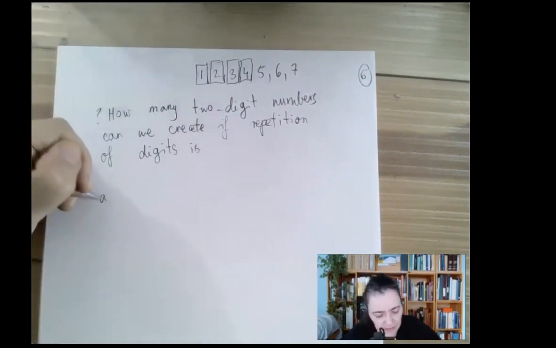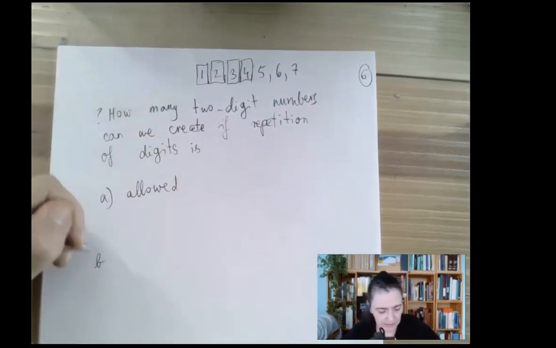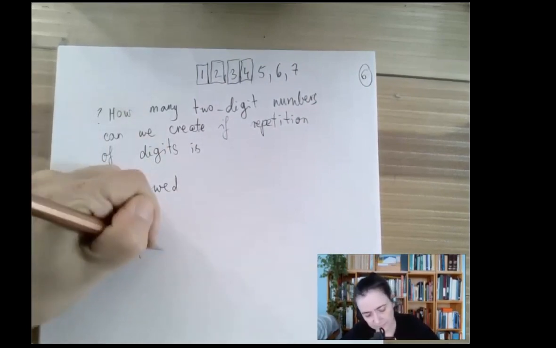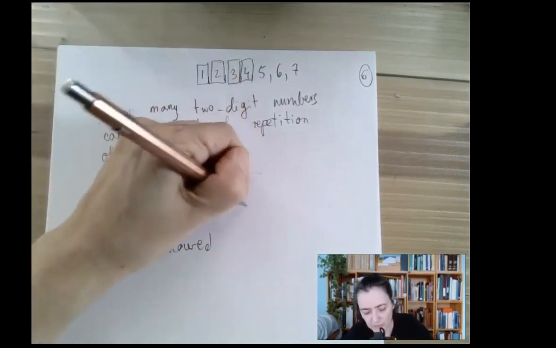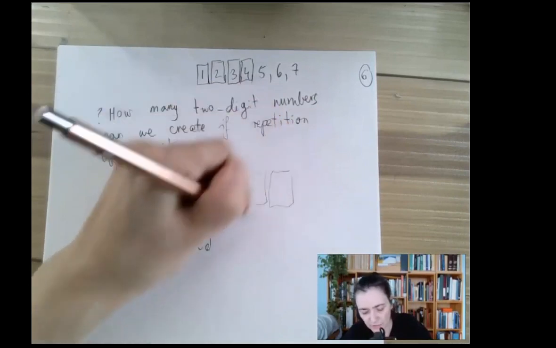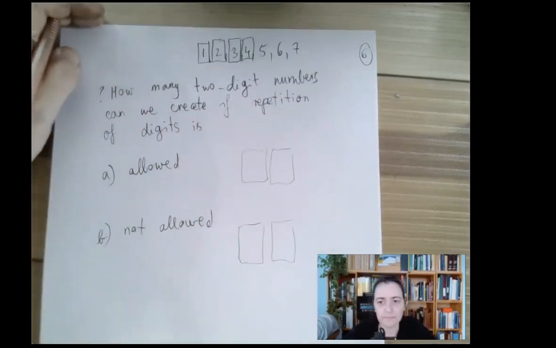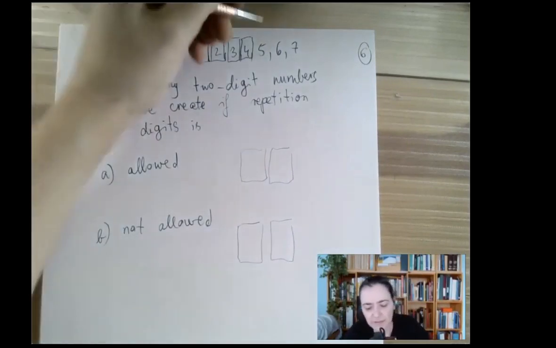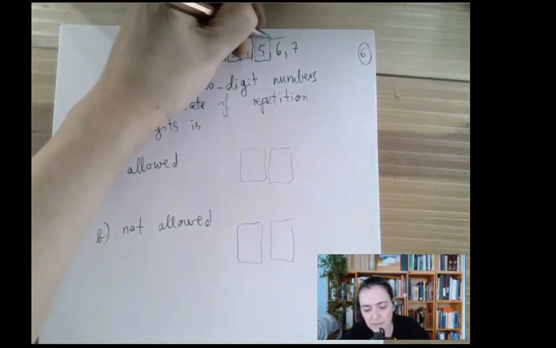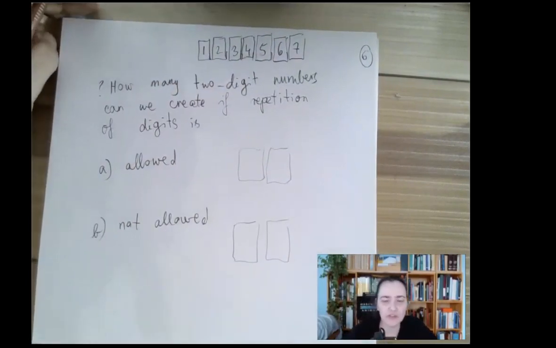You know what? Let's do A, repetition of digits allowed, and B, not allowed. And I just want you to mentally ask, how many options do I have? And multiply those. So we have these 7 digits, and now we just want to make a 2-digit number.